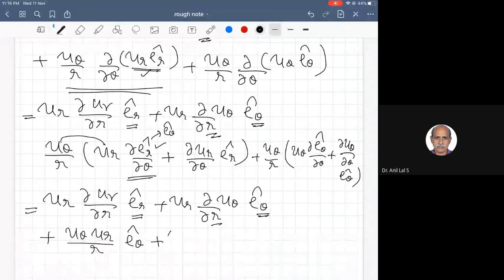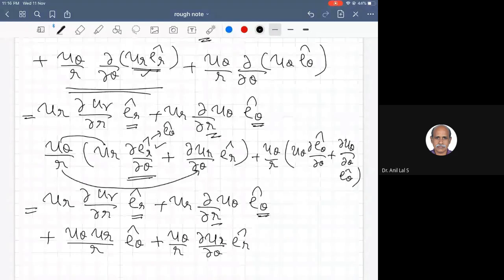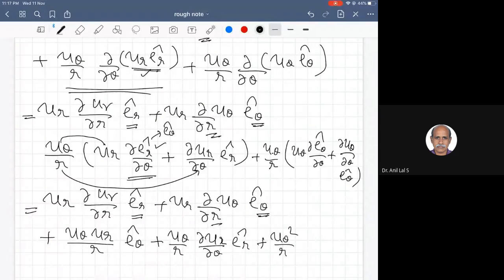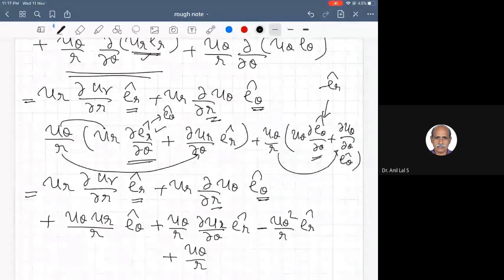And plus u theta by r into dou ur by dou theta er, that is this product, plus u theta into u theta, that is u theta squared by r, dou e theta by dou theta, that is minus er. So there is an er that will come with a negative sign, so this term becomes minus. Plus u theta by r into this dou u theta by dou theta e theta.